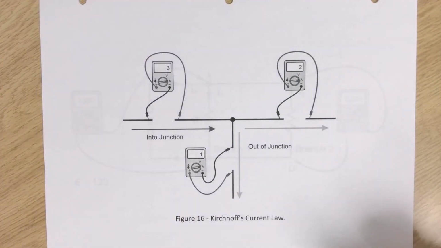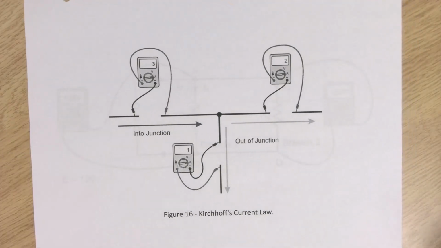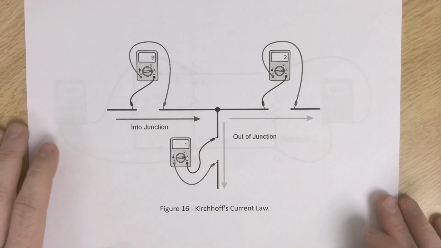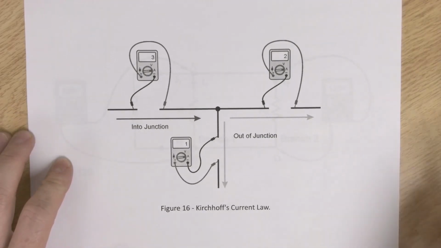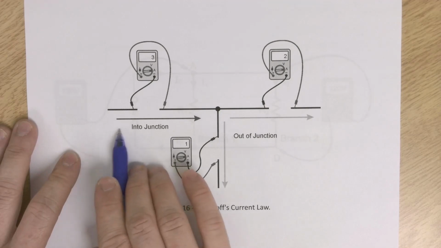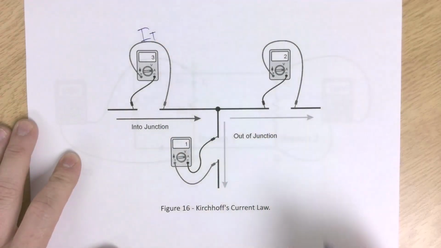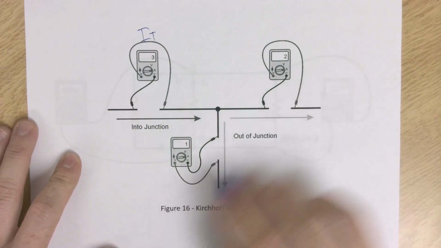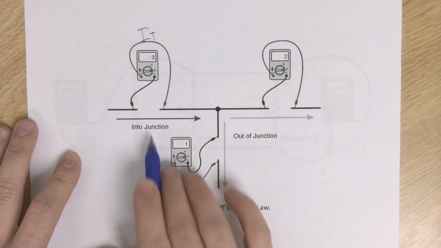Now let's look at some ways that we connect things. Hopefully, if you've already done some labs in lab class, these pictures in your module will make more sense. It's talking about Kirchhoff's current law, because into the junction we're measuring I total here, if this is our whole circuit, or the I total before this junction.